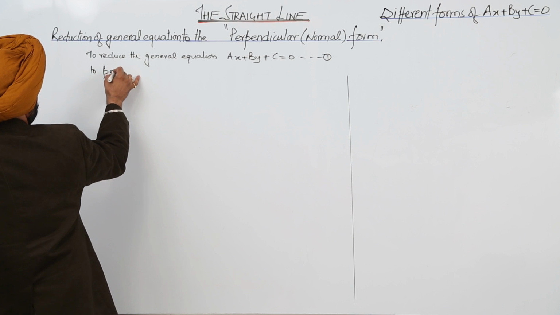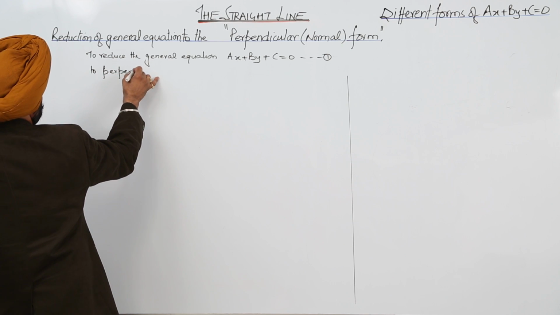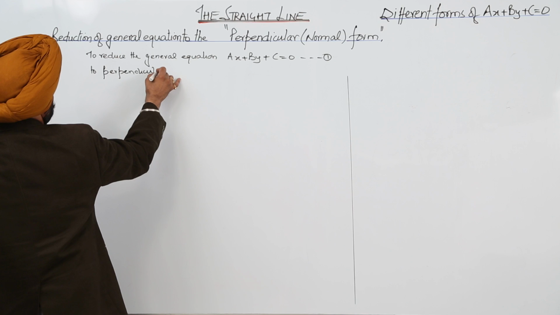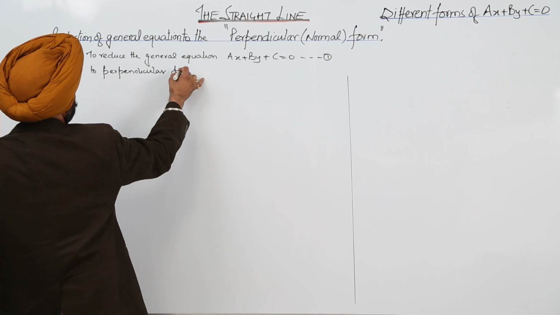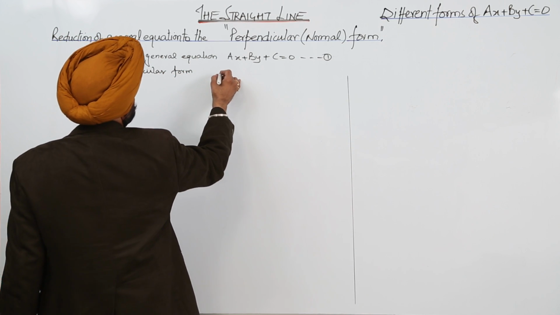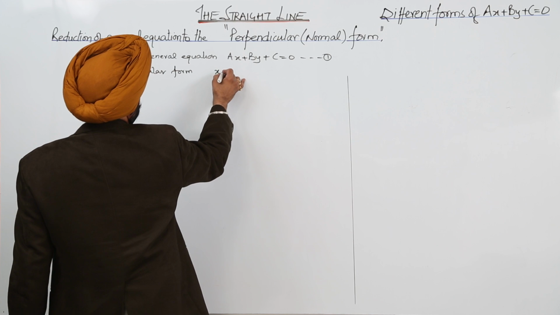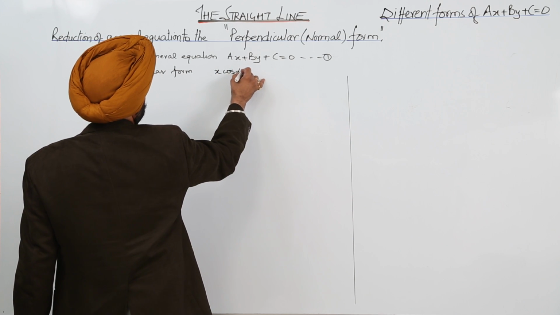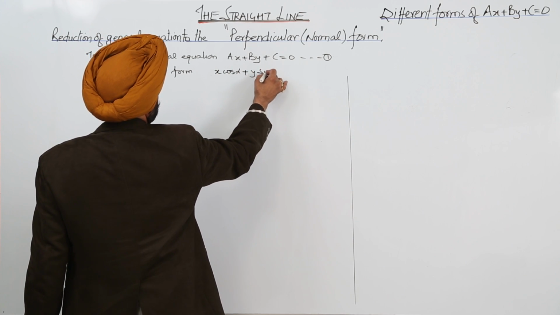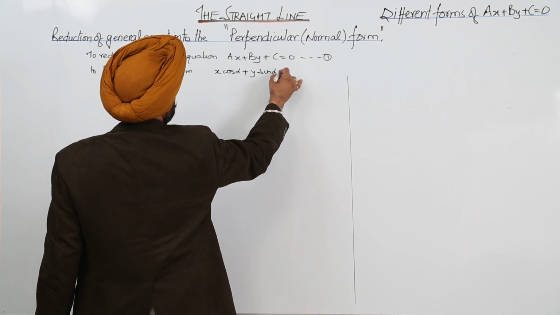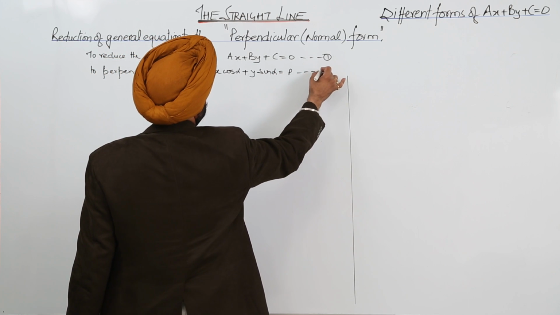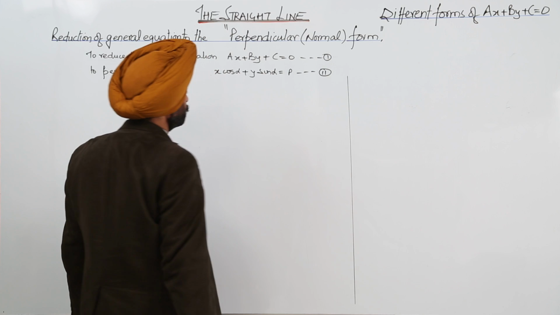To perpendicular form or normal form, that is x cos alpha plus y sin alpha is equal to p. Let this be equation 2.